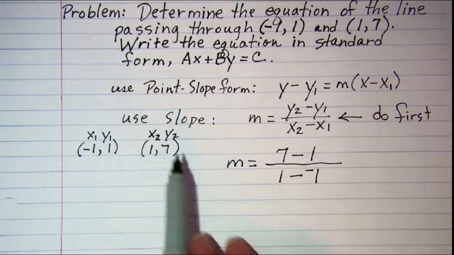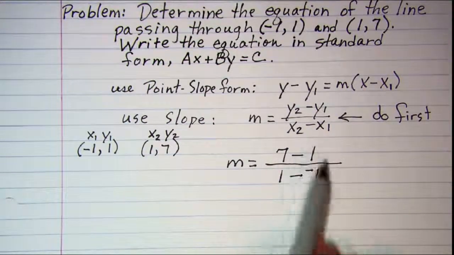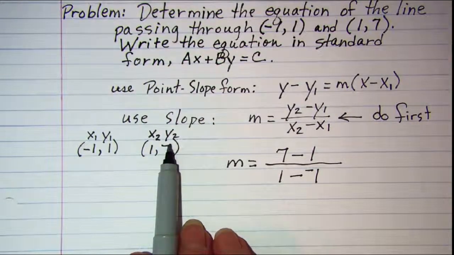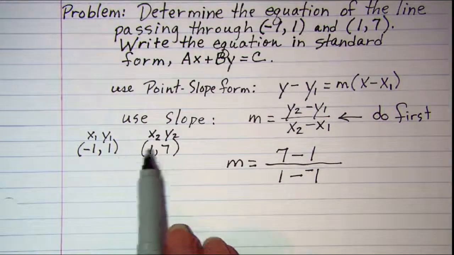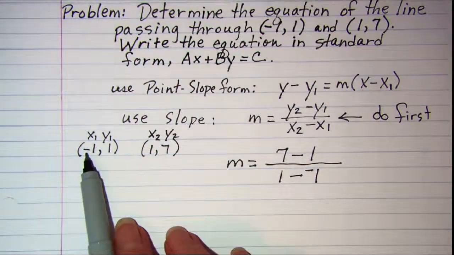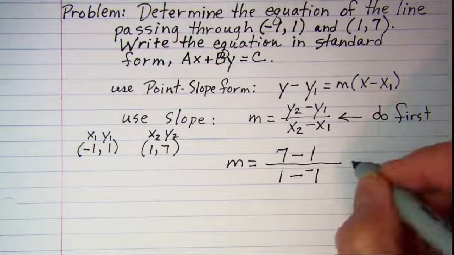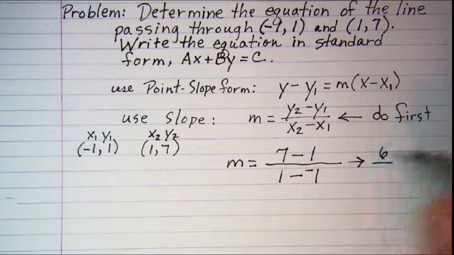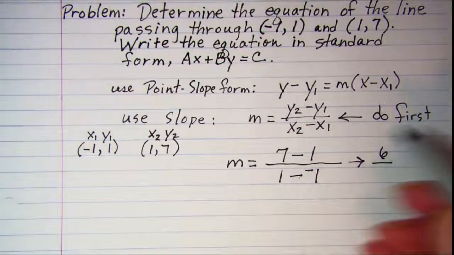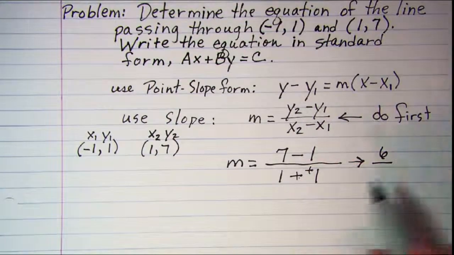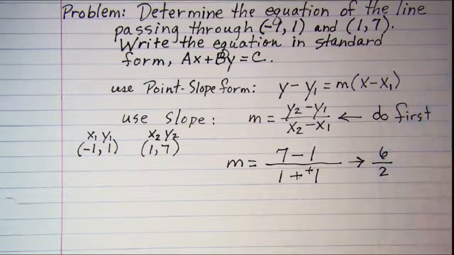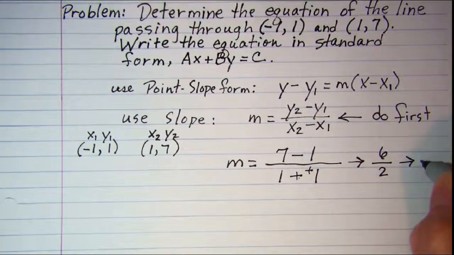So basically, when you're looking for the slope, you need to take y2 minus y1 and divide that by x2 minus x1. Now if we do the math here, 7 subtract 1 is 6. And then these two minuses in the denominator I can change to a plus. So I actually have 1 plus 1, which is 2. This simplifies to a slope of 3.